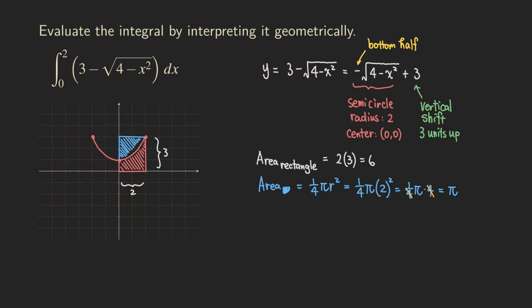Okay, so now finally we are going to find the area for the integral, right? So for the integral of 3 minus the square root of 4 minus x squared dx, that's equal to the area of this region right here, right?